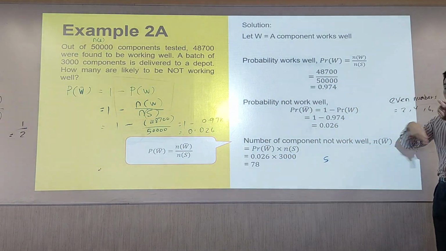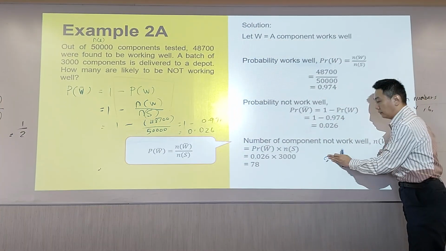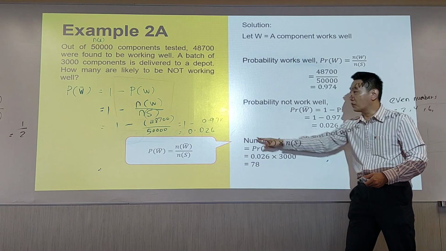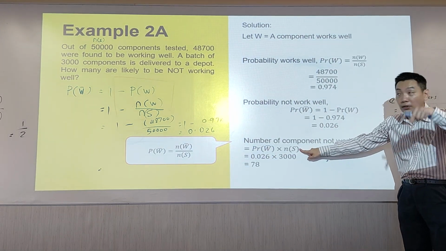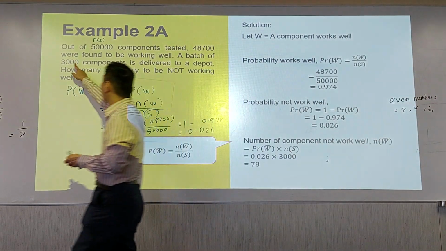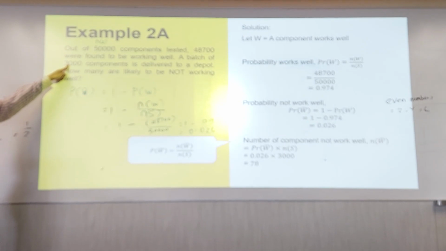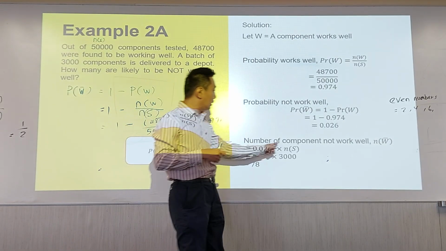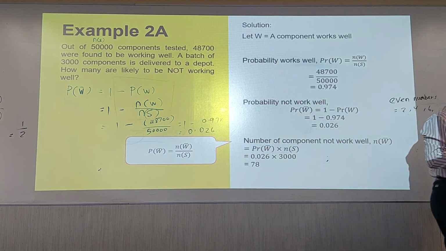Okay, so we have to transpose this formula. So PW bar is from here, right? Substitute here. And as for this question now, we have to use 3,000. So multiply 0.026, we get 78. Okay. So among 3,000 components, 78 components are not working well.